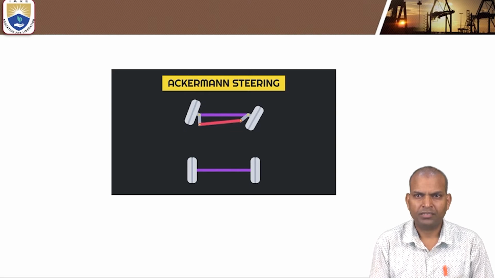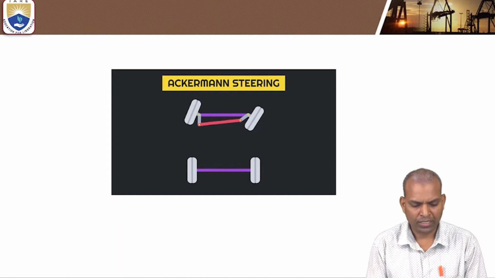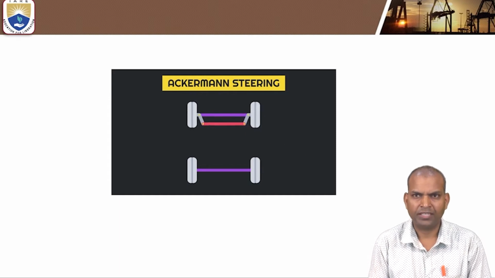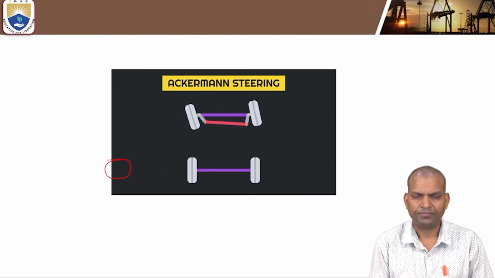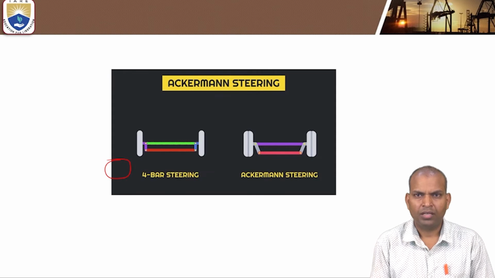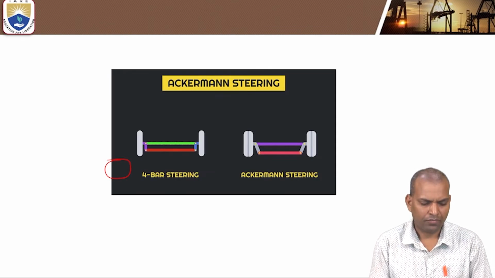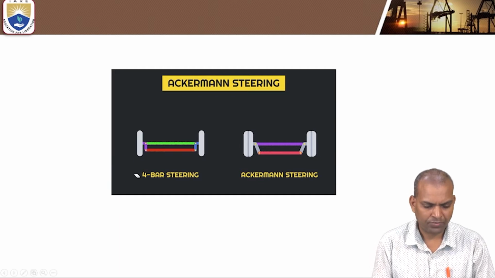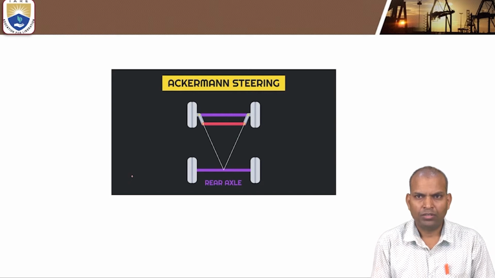When you are taking a right turn, the instantaneous center will be located towards the right direction. When it takes a left turn, the instantaneous center will be in the left direction. This is the difference between the 4-bar mechanism and the Ackerman steering gear mechanism.